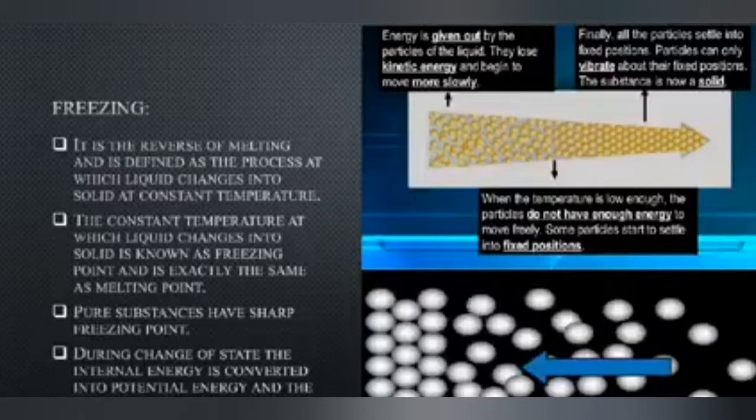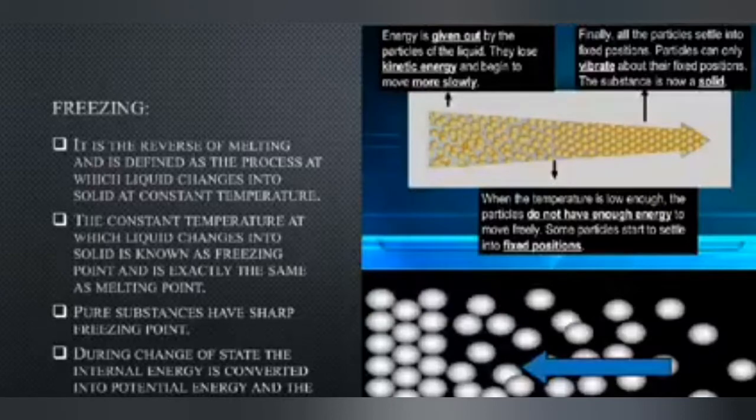However, there will be a decrease in the potential energy, and when there is a decrease in the potential energy, the bonds will start being formed, and potential energy does not depend upon temperature. So there is no change in temperature during the change of state. I hope this entire process is clear to you.